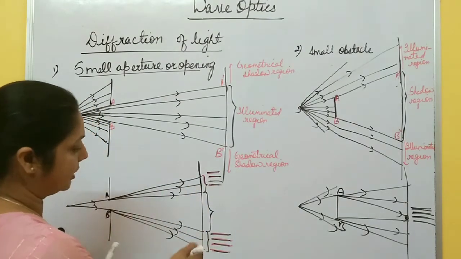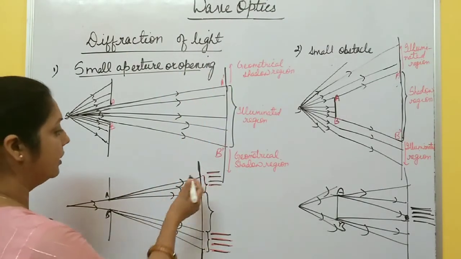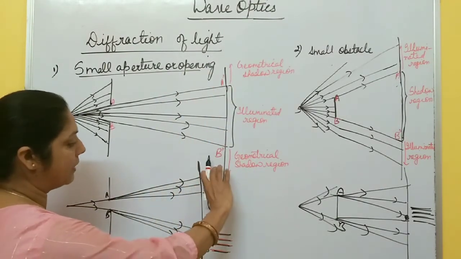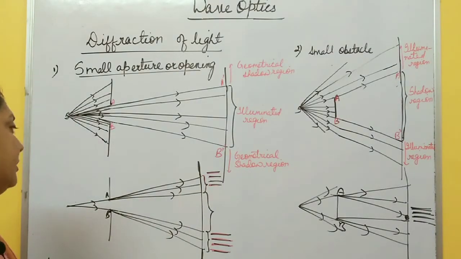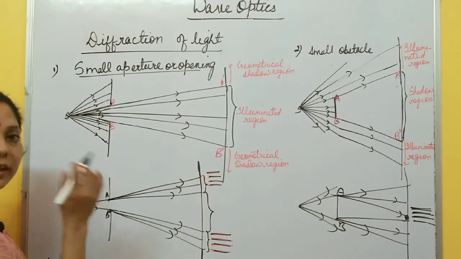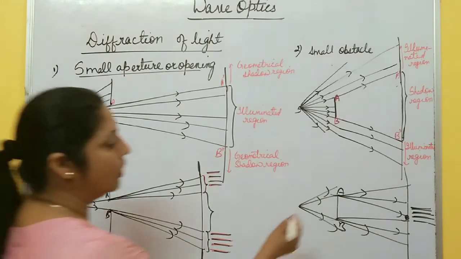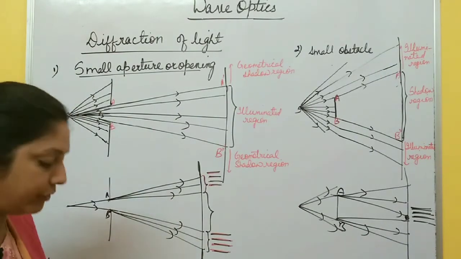There is not a sharp boundary between the illuminated region and the geometrical shadow region. At the boundary alternate bright and dark rings are formed, and this bending of light around the corners or edges of the aperture or obstacle is called diffraction of light.